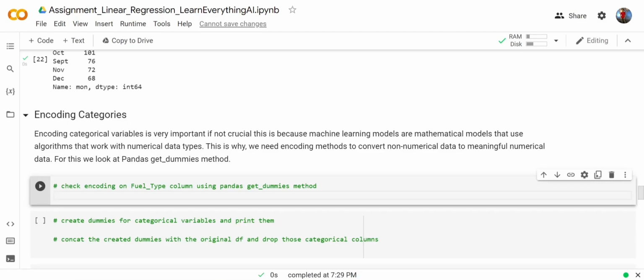As we know, fuel type is a very important criterion in determining the price or the rent of the car. But unfortunately for us, it is in categorical form. So we encode it into a numerical form so that it is useful for predictive analysis. We use the pandas get dummies method, and there we specify this column, fuel type.